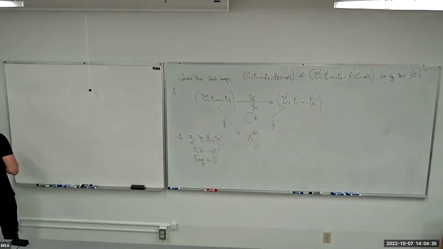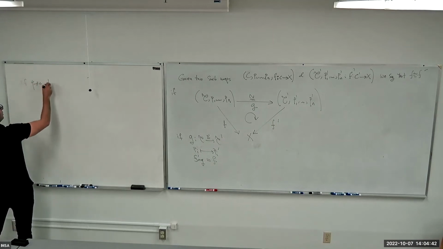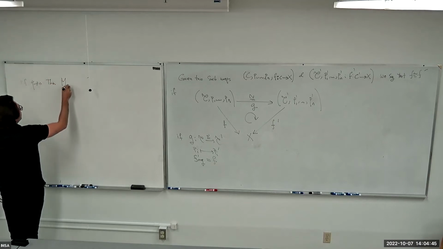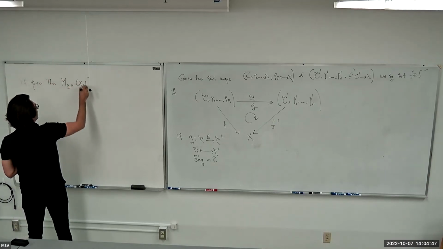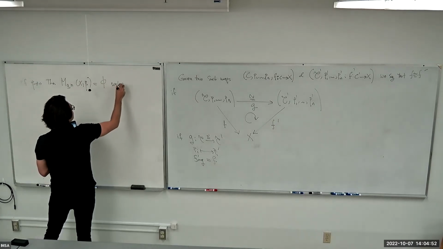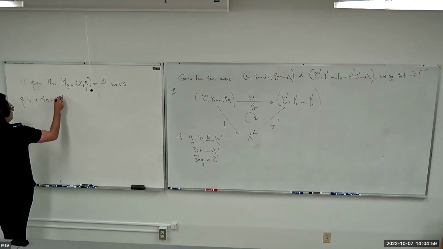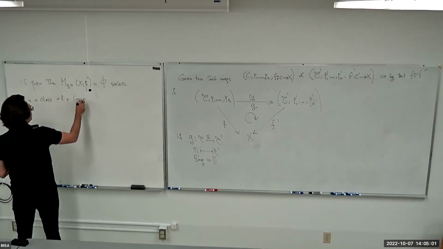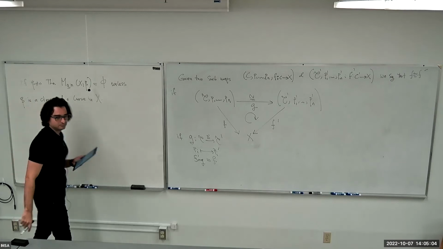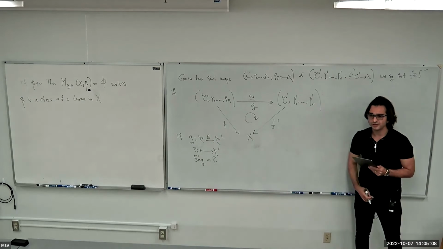Okay. So if beta, the curve class, is not equal to 0, then M_g,n(X, beta) is going to be empty unless beta is a class of a curve in X. You know that you can pick cohomology classes in the cohomology theory of a variety.